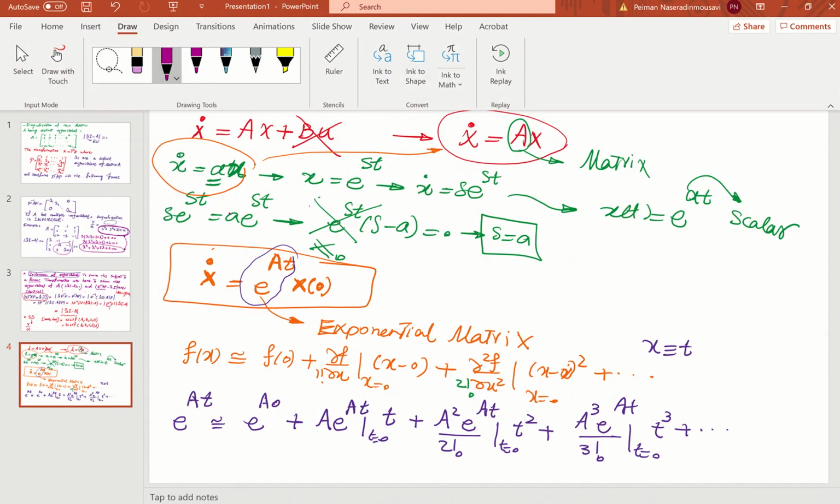You cannot say that this is 1, because e to the power of 0 is going to be the unit matrix. That's right, the identity matrix. Understand? So this is I, not 1.